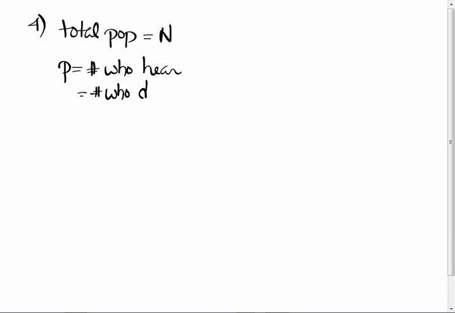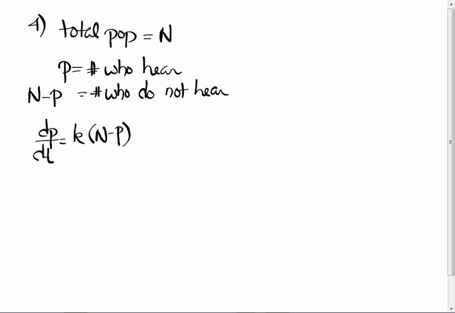Okay, if there's n people altogether, and P represents how many heard the rumor, how many did not hear the rumor? How do you express it with n and P? N minus P. Total number of people altogether minus those who hear. Either you heard it or you didn't. And it says the population is proportional to that. So it's equal to k, n minus P. And there's an answer that matches that.